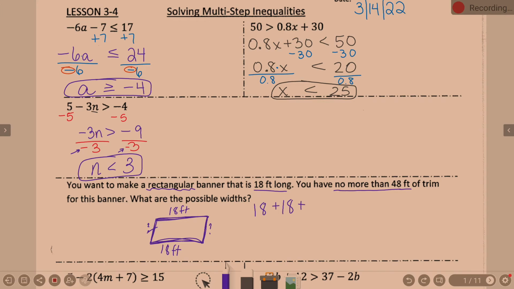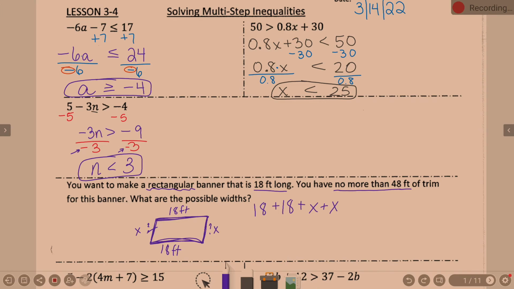So think 18 plus x plus x. Now, it says no more than 48, so you can't go above 48.